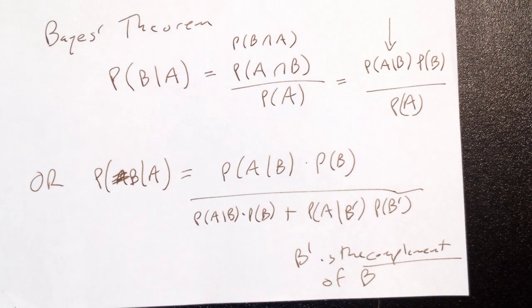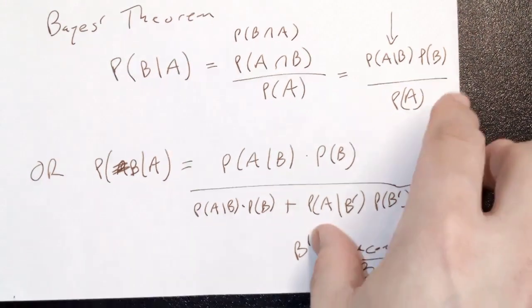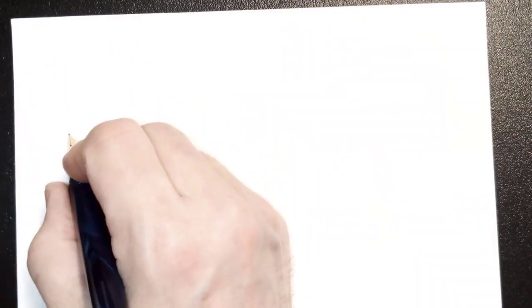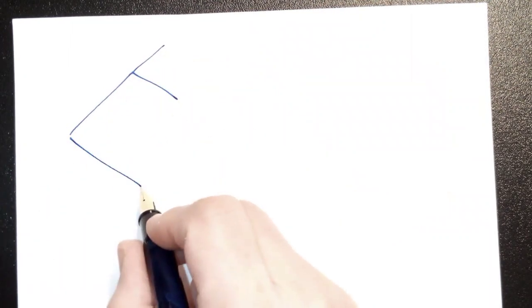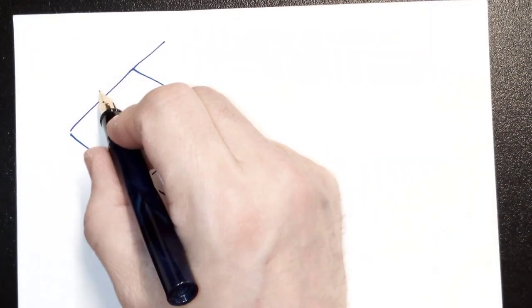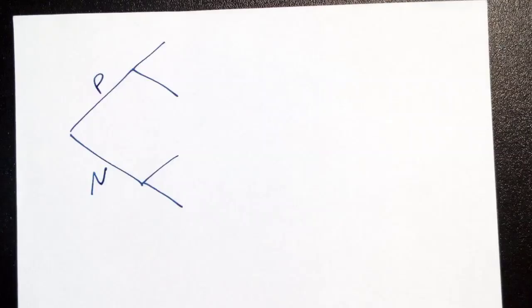So I'm going to write out a tree for this because I don't like that paragraph of text. Working off this tree, we were told a woman takes a test, and she's either pregnant or not.